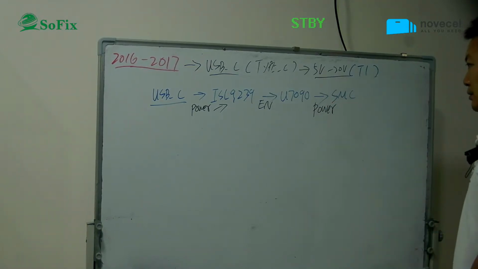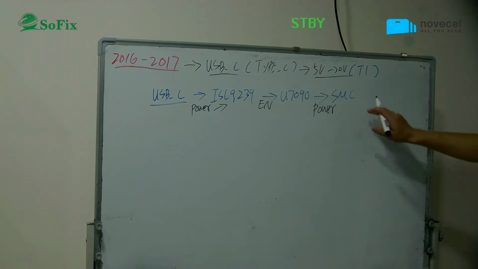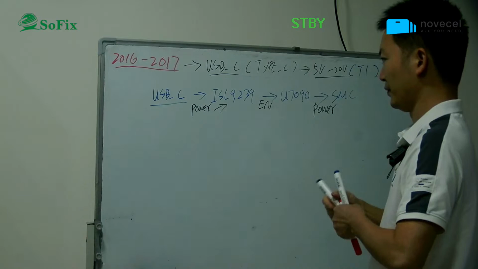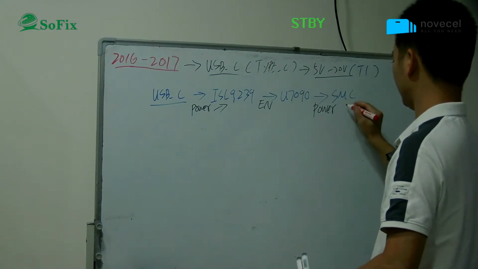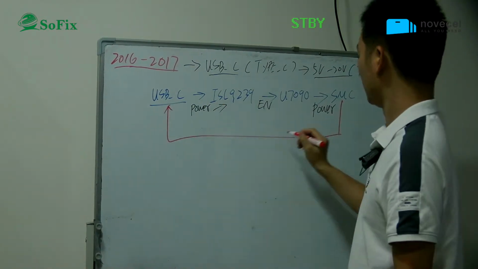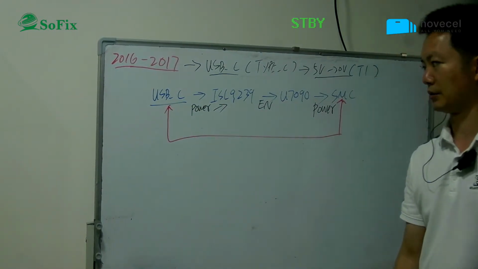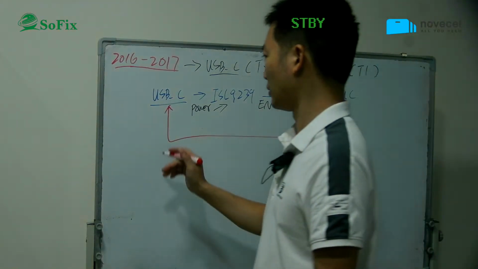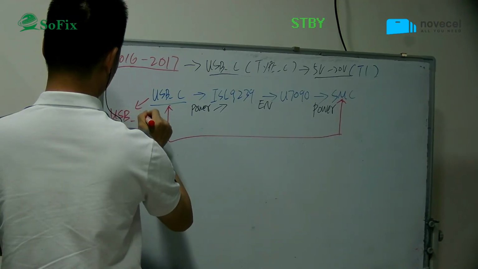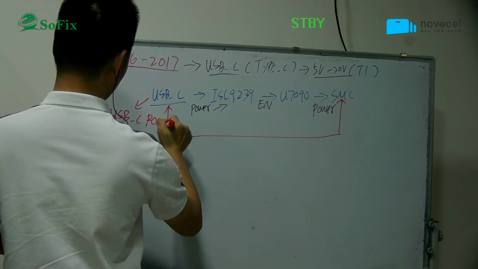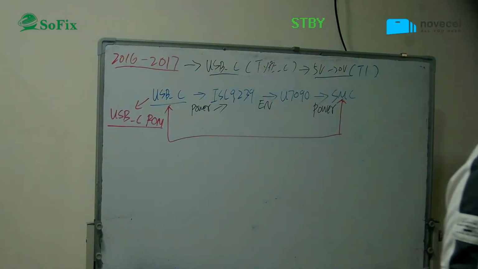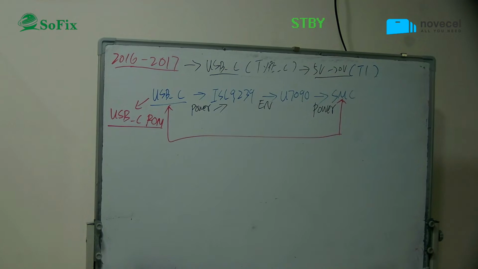So when the SMC working condition is normal, then it communicates the data to USB-C. And also USB-C has the USB-C ROM, and the data is inside the USB-C ROM.